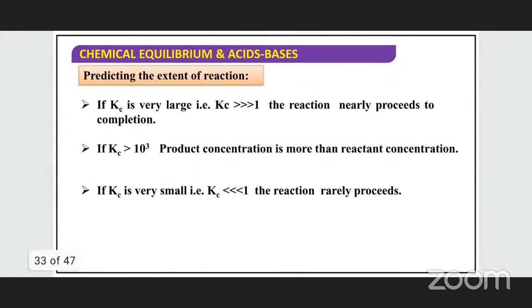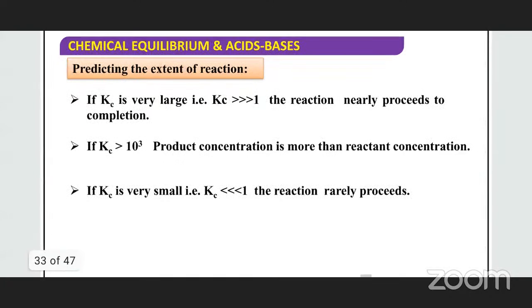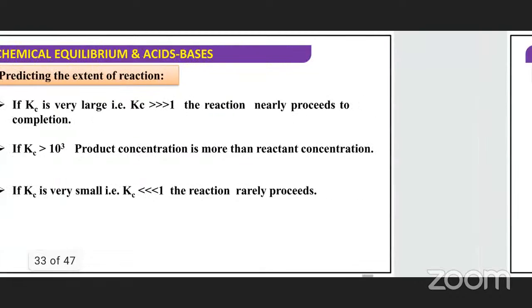Number one, if Kc is very large, Kc is greater than or equal to 1, the reaction nearly proceeds to completion. If Kc is greater than 10 to the power of 3, product concentration is more than reactant concentration. If Kc is very small, Kc is less than 1, the reaction rarely proceeds.